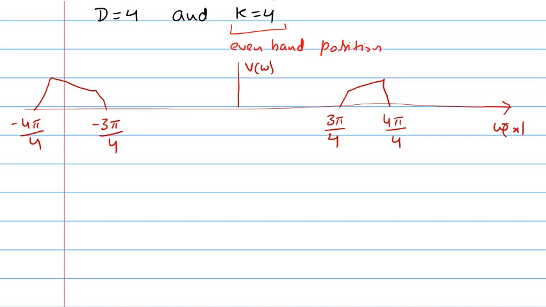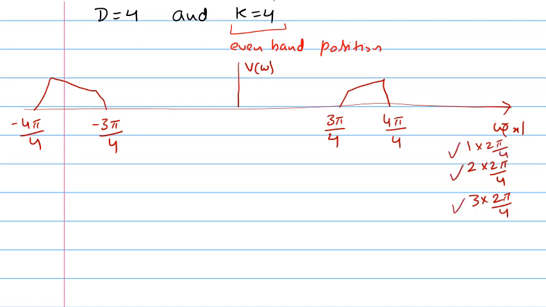So if you apply the same procedure, the shifting and all those things, this spectrum will be added with three more shifted spectrums. The first shift will be 1 into 2 pi by 4, the second shift will be 2 into 2 pi by 4, and the third shift will be 3 into 2 pi by 4.